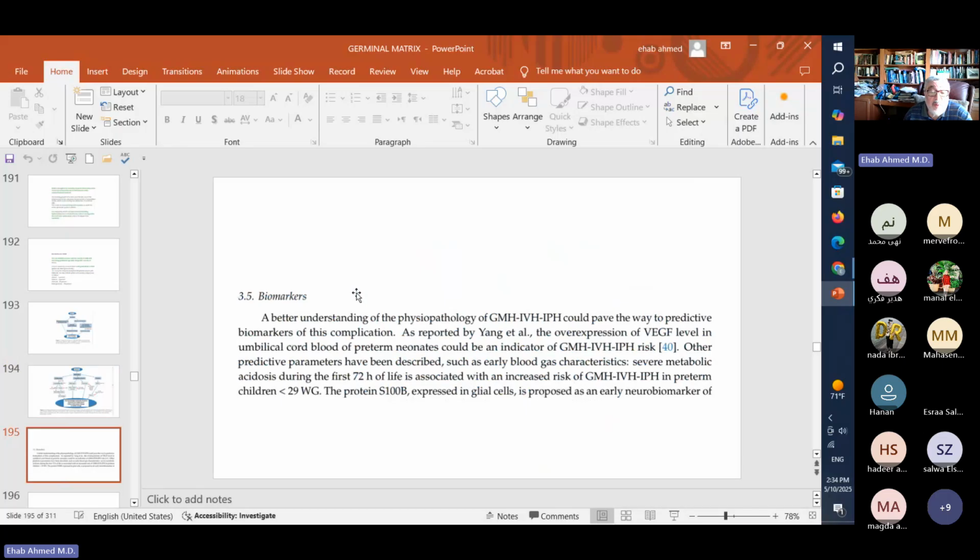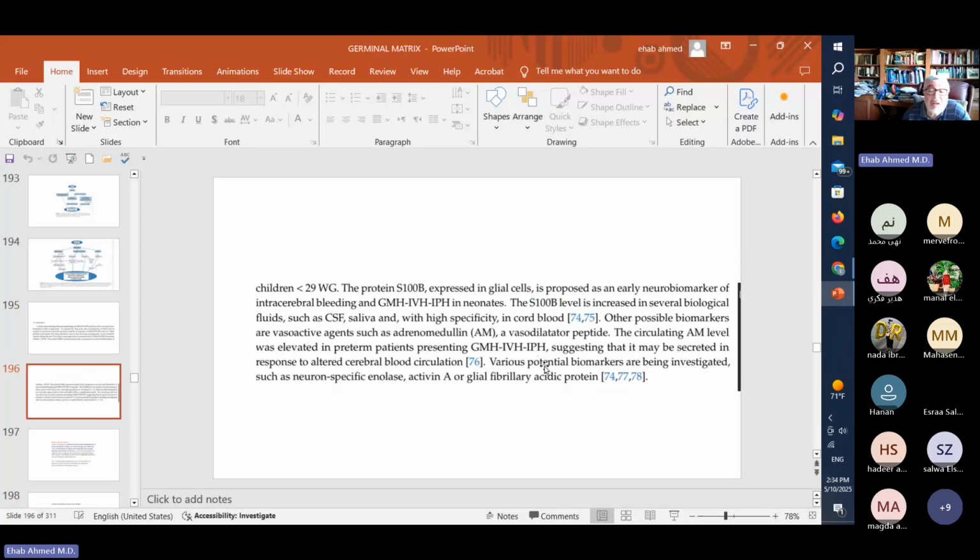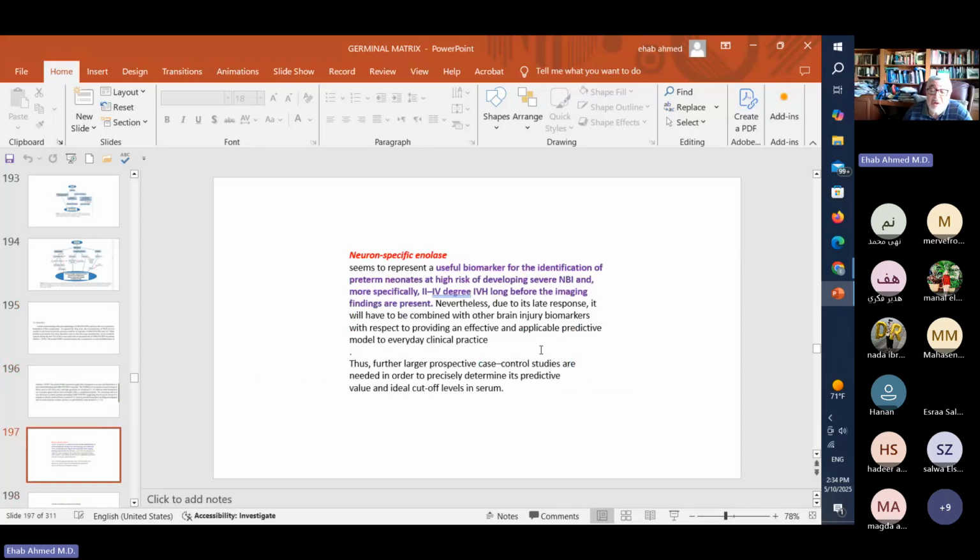Now, some people use biomarkers for the diagnosis of GM-IVH. It is still under investigation. It's not a current practice. Sometimes they do it in the cord blood, and usually they do it after delivery. And the most important one of them is the neuron-specific enolase, which is a useful biomarker for the identification of preterm neonates at high risk for developing grade 2 and grade 4.